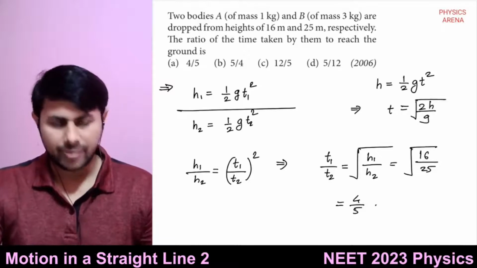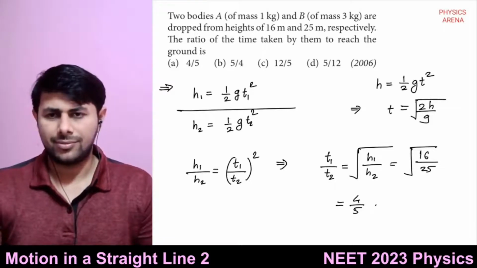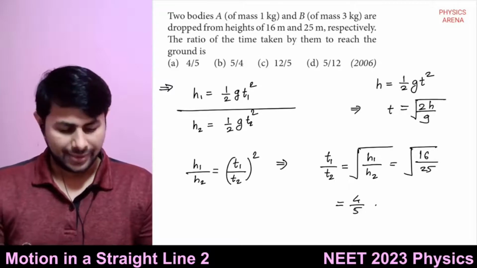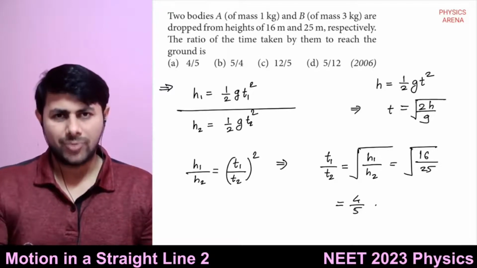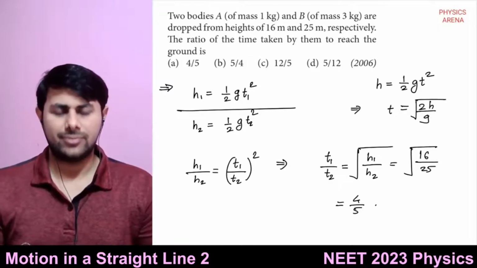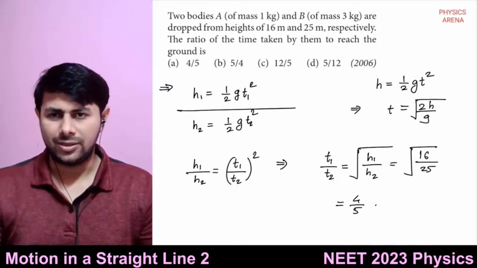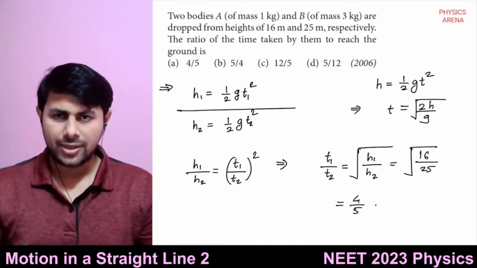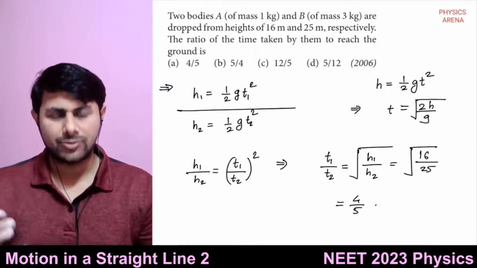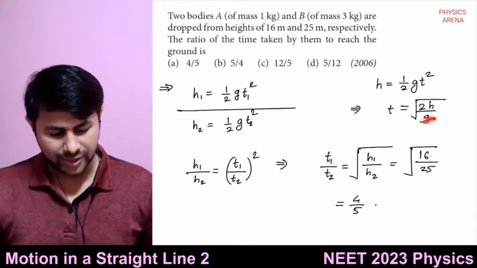If you remember this formula, it will be simpler to solve. So time taken by a body under free fall to reach the ground, t, is given by square root of 2h upon g. So if you know this formula, t1 by t2 is the ratio of square root of h1 by h2 directly, because g and g will get cancelled out.